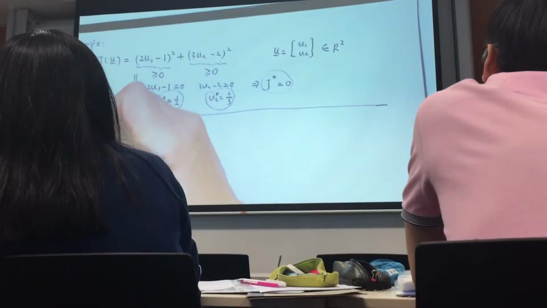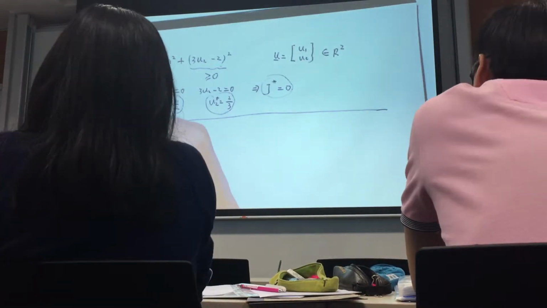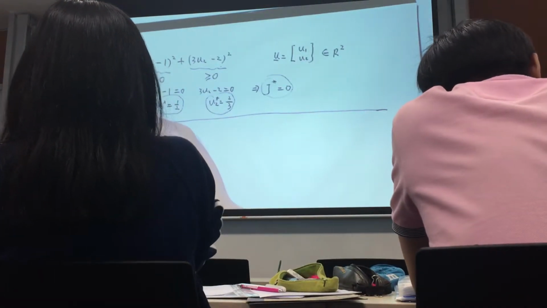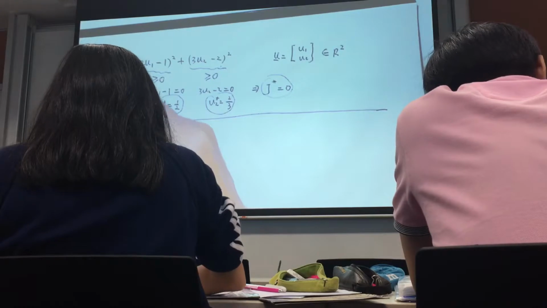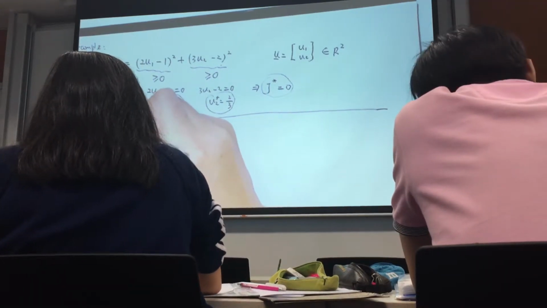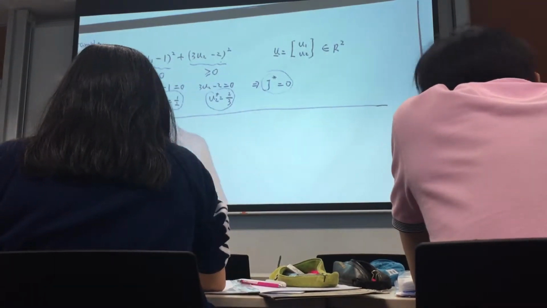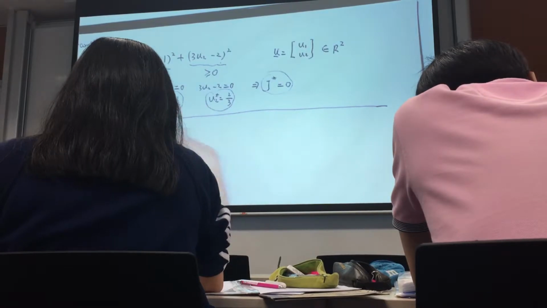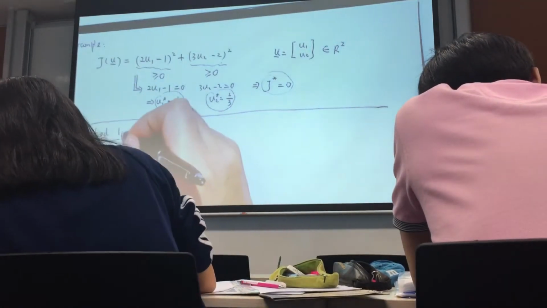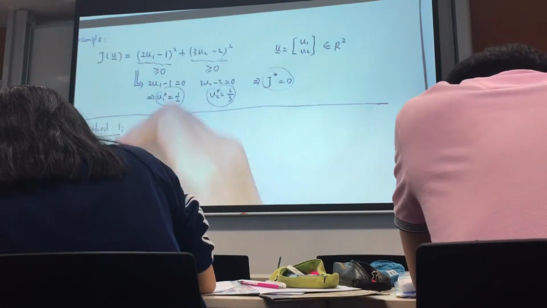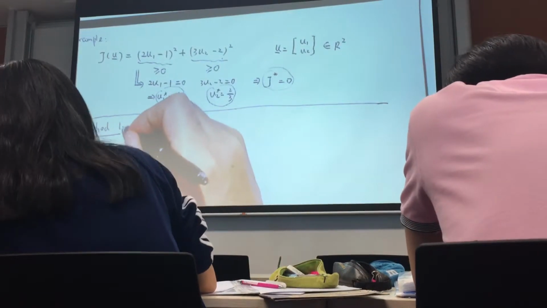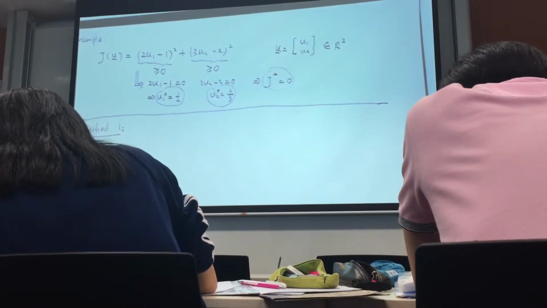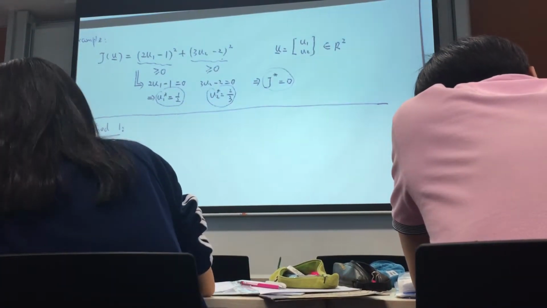I will discuss two methods to solve this problem. The difference between these two methods is quite clear. The first method is based on the scalar form, and the second method is based on the vector form.